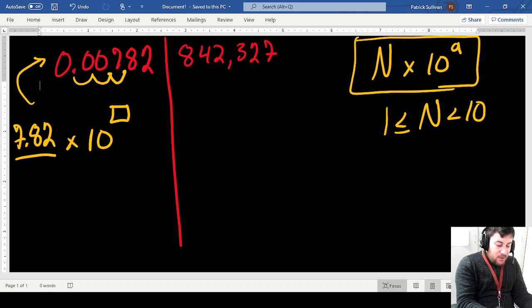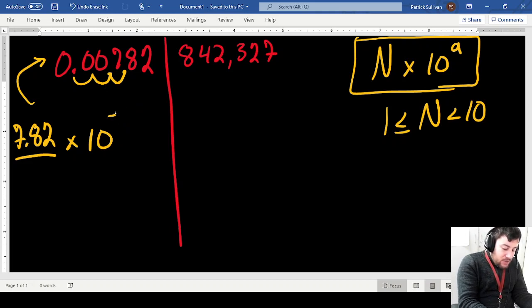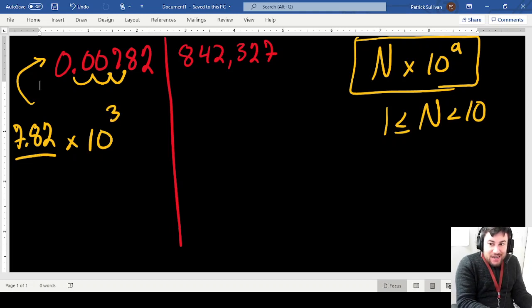I need to decrease it because 7.82 is currently greater than this value right here. If I raised this to the third power, then really I'd be taking 7.82 times 1000, because 10 to the third is 1000. And if I do 7.82 times 1000, I'm going to get a really big number.